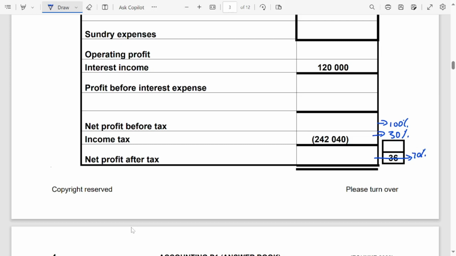So let's start with the net profit before tax. It is going to be 242,040 multiplied by, and below we are going to put what we have. What we have is 30%, then what we're looking for is 100%.